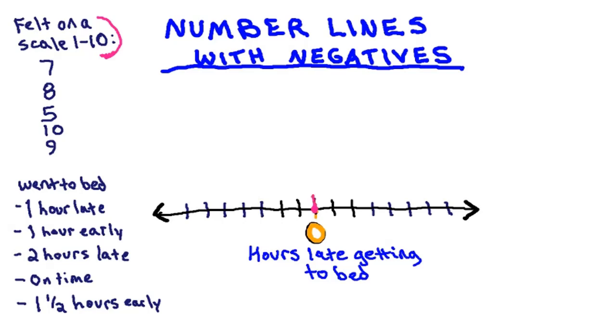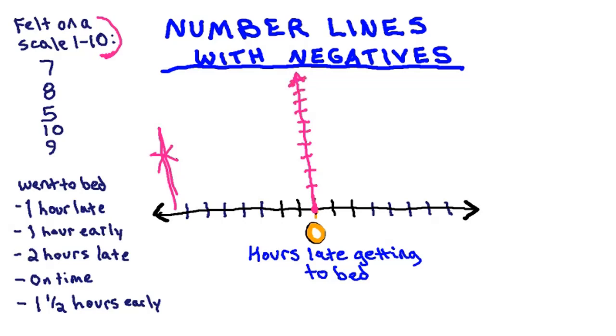The y-axis isn't going to go over here on the left. The y-axis is going to start on the 0 where the x-axis 0 is. So we're going to put the y-axis up here, and we're going to have the markers 1, 2, 3, 4, 5, 6, 7, 8, 9, 10.